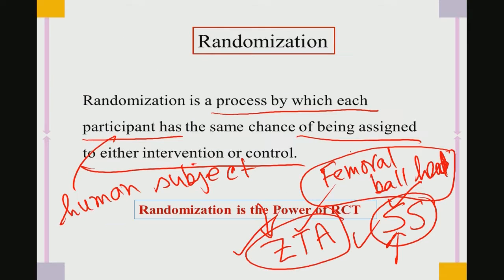If we go back to the same example, let us say this is your experimental-grade femoral head, zirconia toughened alumina, which you have just fabricated at laboratory scale, but commercially and clinically, the stainless steel femoral head has been used for ages. Now doctors or researchers are conducting clinical trials to see whether zirconia toughened alumina can potentially replace the stainless steel based femoral head.